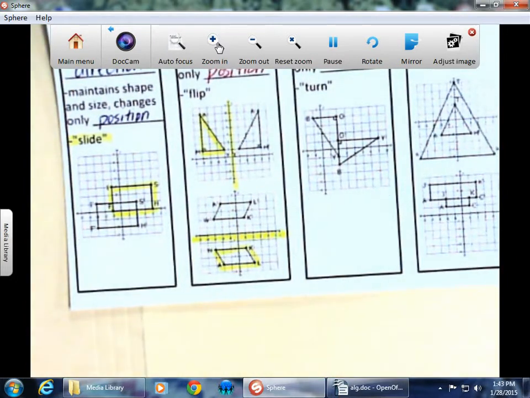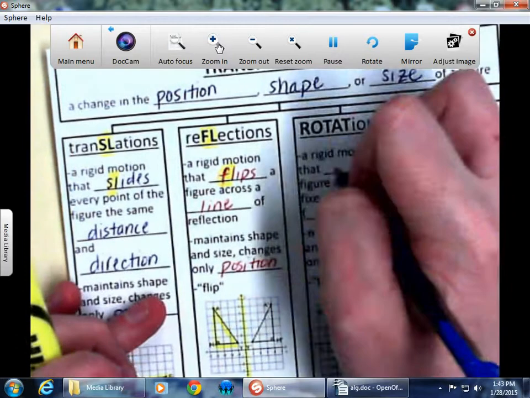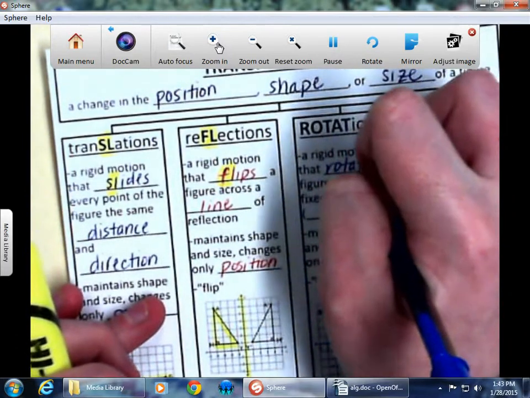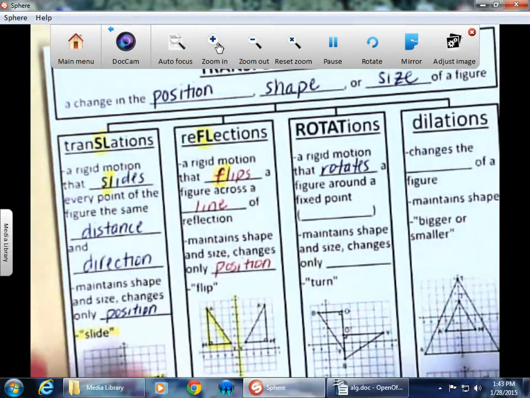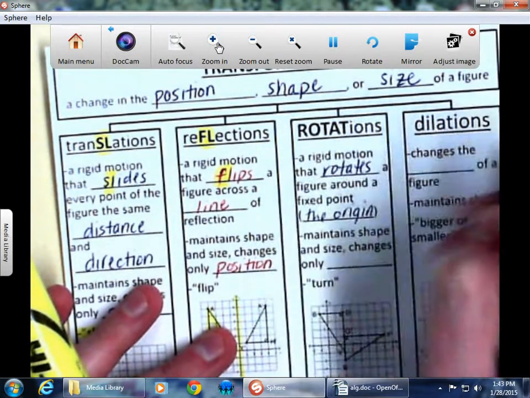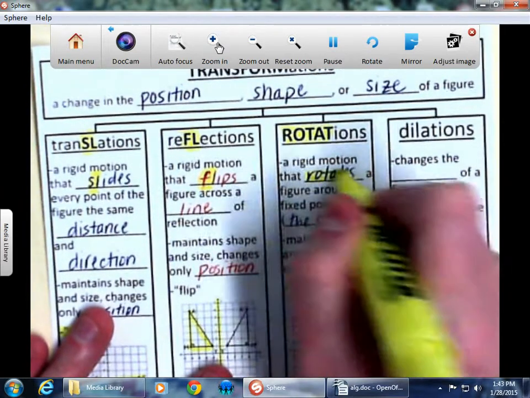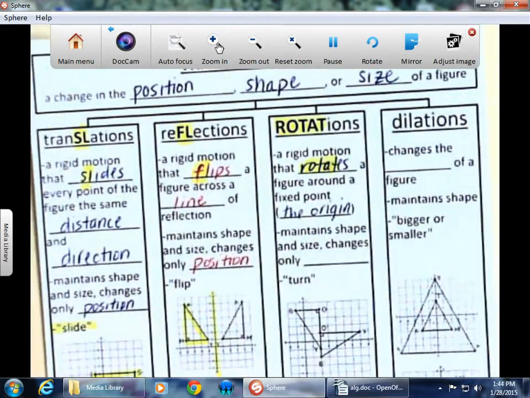Okay, rotations. Rotations is a rigid motion that rotates a figure around a fixed point. And for us, it's going to be the origin. So highlight this up here that's folded and that right here. Rotate. When you rotate, it maintains the shape and size and changes only the position.